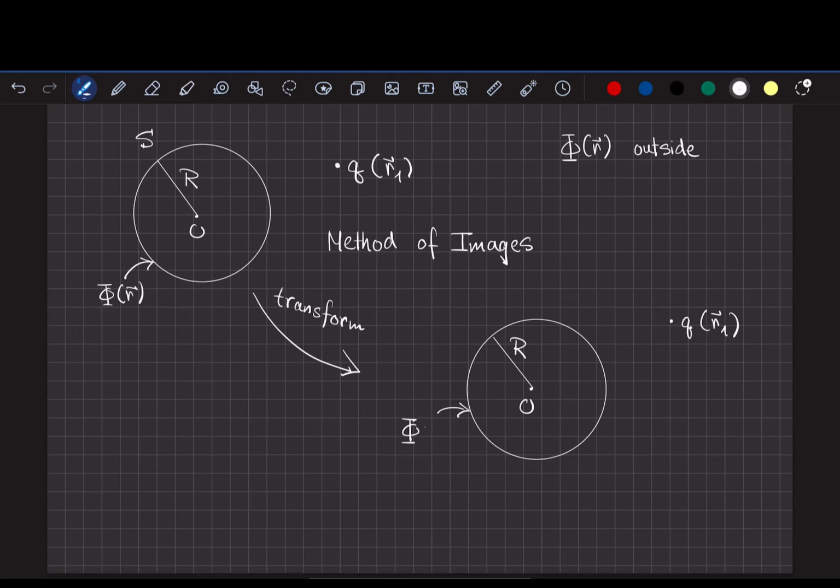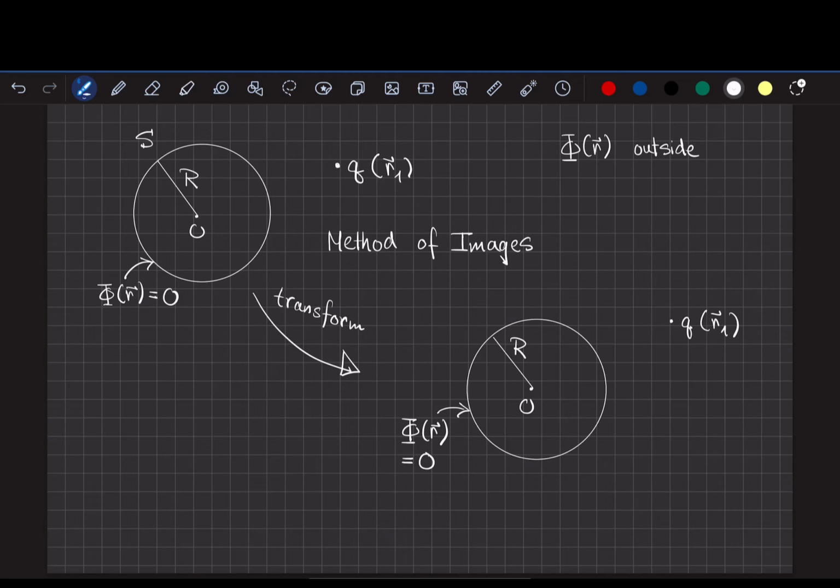So in the previous problem, let us just consider that the potential on the surface is 0, which was the case we had used in our planar surface problem. Makes the problem much easier.